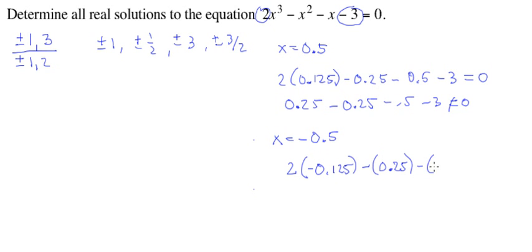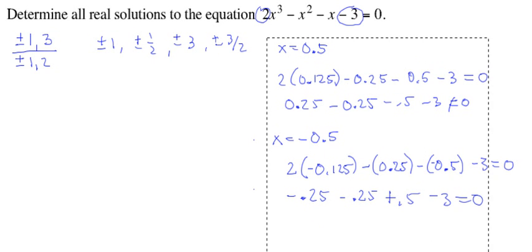And then we have minus negative 0.5 minus 3. How about this one? Minus 0.25 minus another 0.25 plus 0.5 minus 3 equals 0. Incredible. That didn't work either. This is a test of adversity.